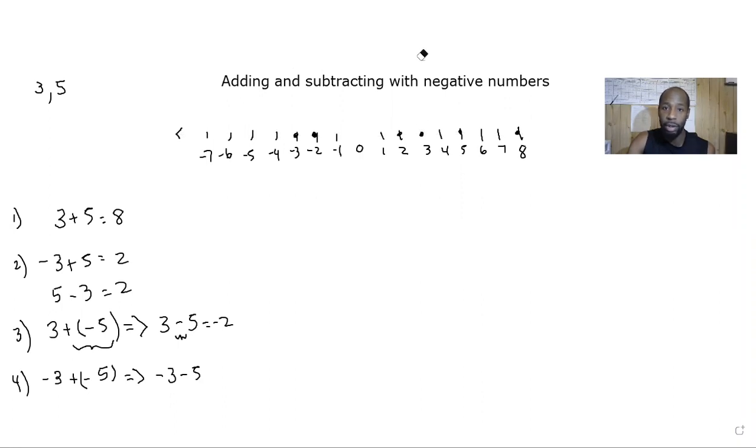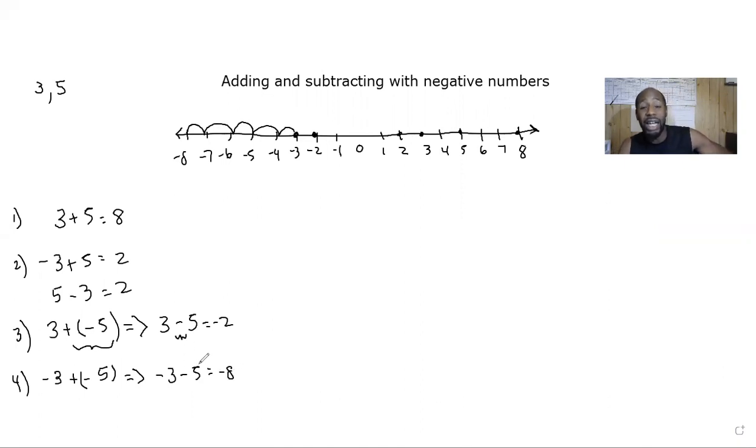When you subtract from a negative number, it becomes more negative. If you start at -3 and you minus 5, that means you go more negative: -1, -2, -3, -4, -5, it becomes -8. Subtracting from a negative number makes that number more negative, okay?